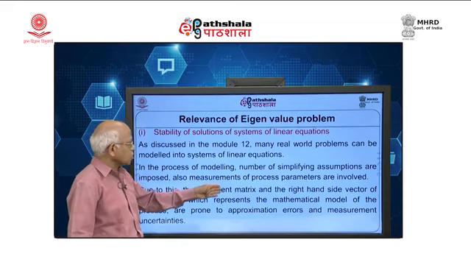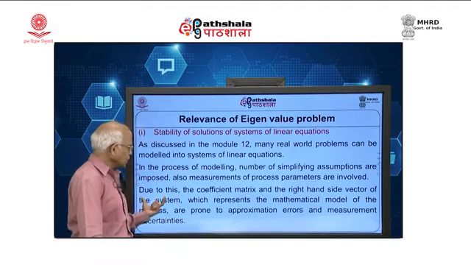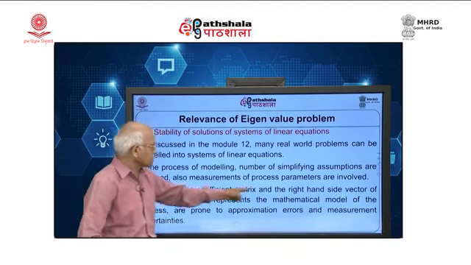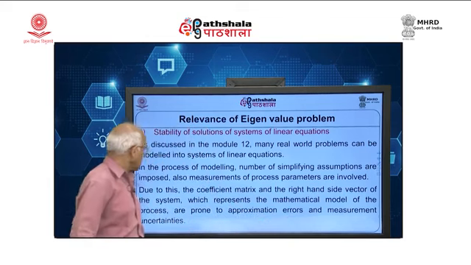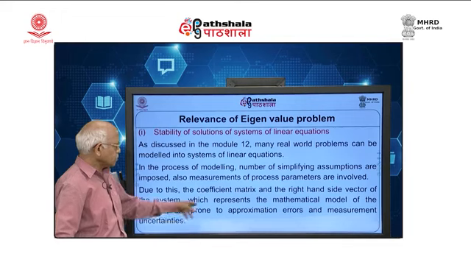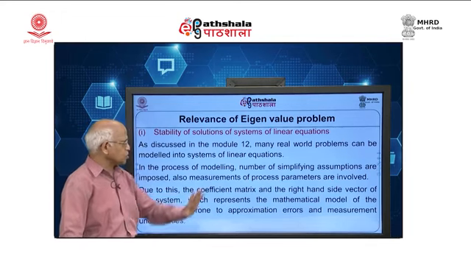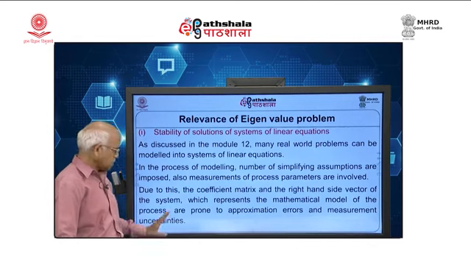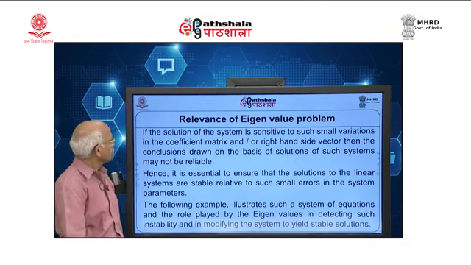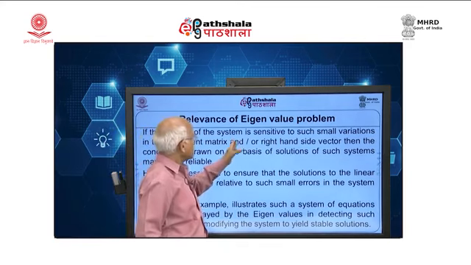Also, measurements of process parameters are involved, and due to this, the coefficient matrix and right hand side vector of the system, which represent the mathematical model of the process, are prone to approximation errors and measurement uncertainties.